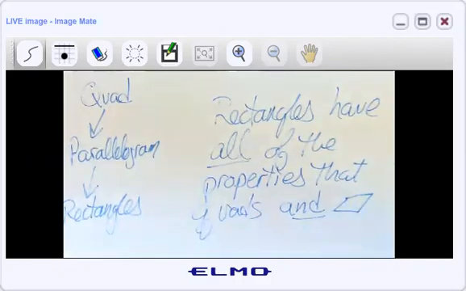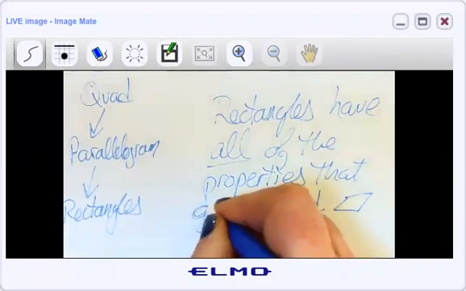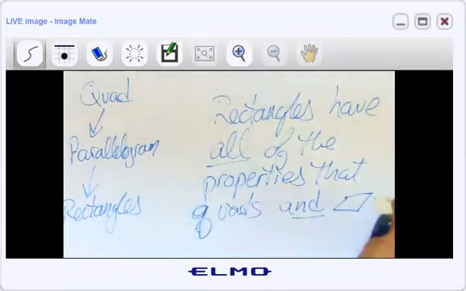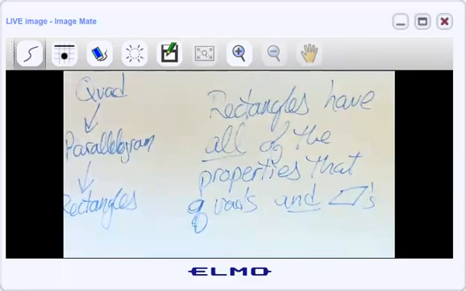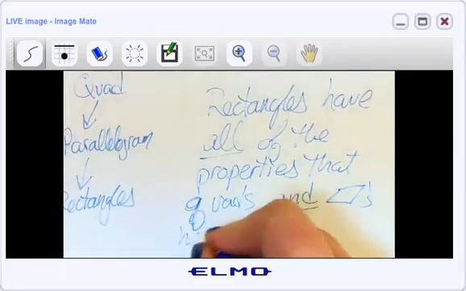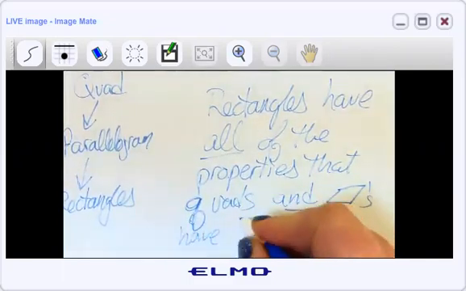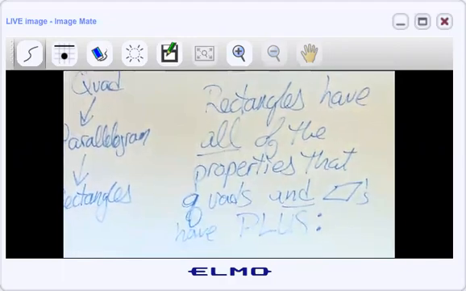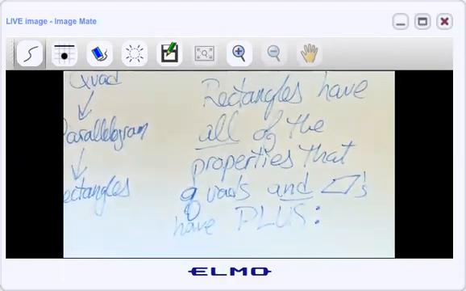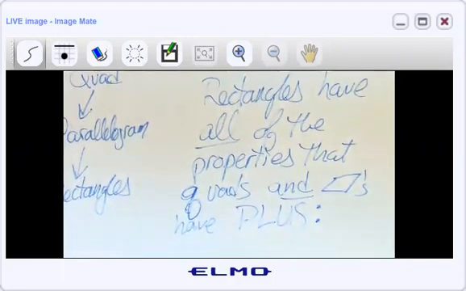Remember our symbol for parallelograms if you don't want to write the word out. Rectangles have all of the properties that quadrilaterals and parallelograms have, plus they do have their own. So there's a couple things that are unique to rectangles that are not true of every other parallelogram.